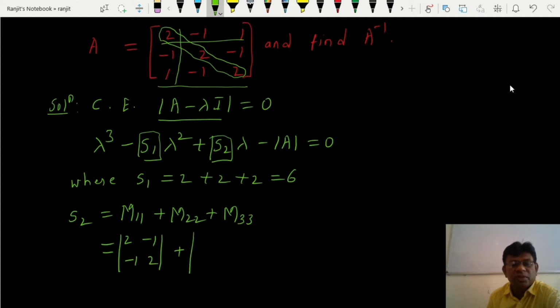Plus M22. So this is the minor of the second diagonal element. Again deleting the second row and second column in the determinant A, the answer is 2 1, 1 2, plus M33. This is the minor of the third diagonal element. Deleting the third row and third column in the determinant A, 2 minus 1, minus 1 2.